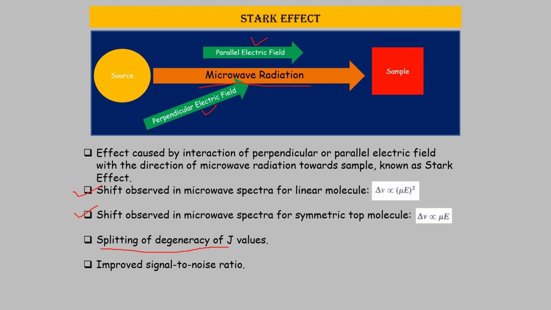As we know, for any J value, 2J plus 1 levels are degenerate, which is otherwise not observed without splitting by the electric field interaction. Along with that, the Stark effect can improve the signal to noise ratio by ignoring stray radiation, which is a great instrumentation improvement in microwave spectroscopy.